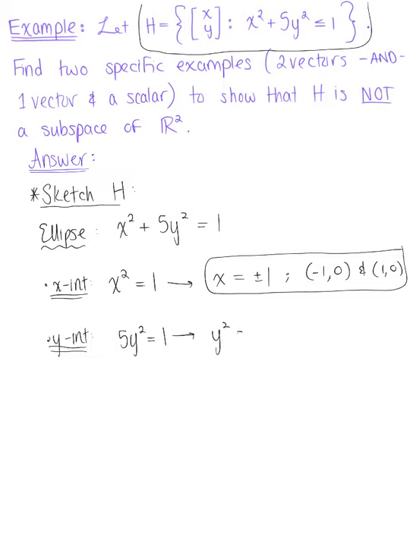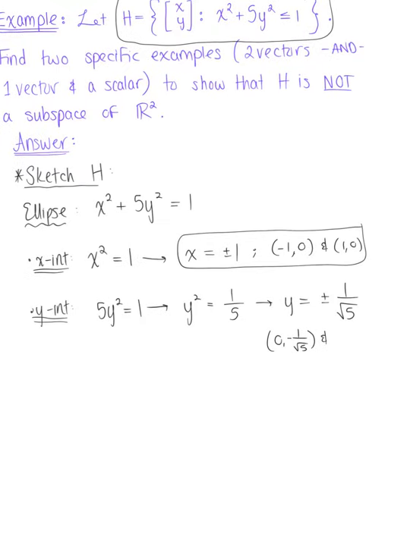Dividing both sides by 5, I have y squared equal to 1 over 5. So y is plus or minus 1 over the square root of 5. In ordered pair form, that's (0, -1 over the square root of 5) and (0, 1 over the square root of 5).